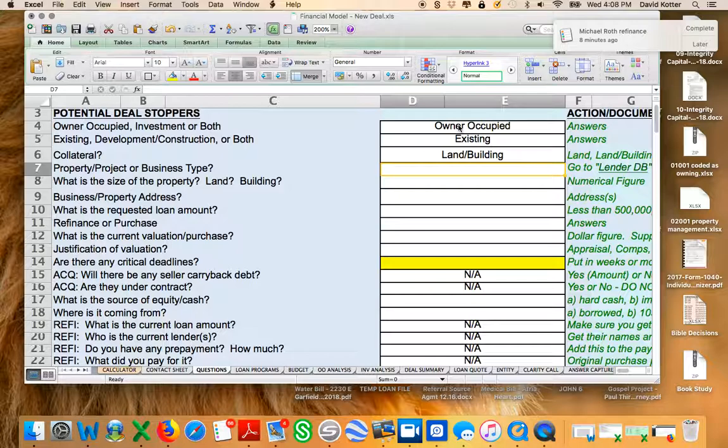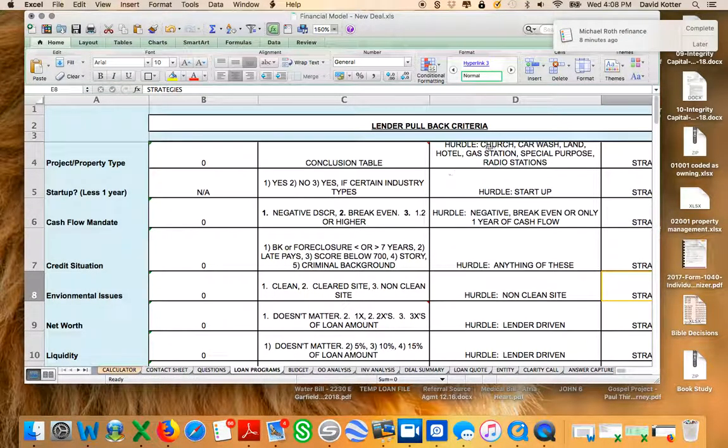The next thing is what's called the property or project type. We want to know what is their business. What are they doing? And you'll notice over here, go to the lender database for the list, which is essentially here.